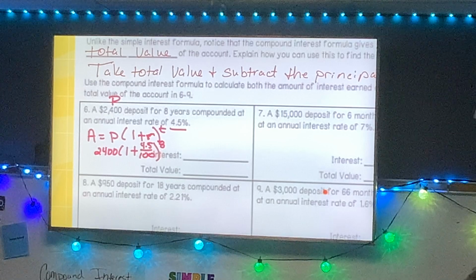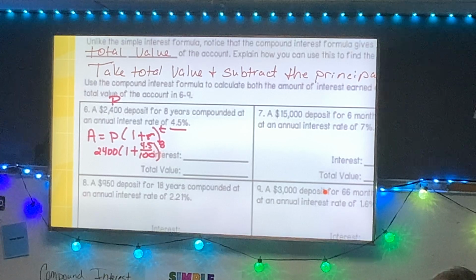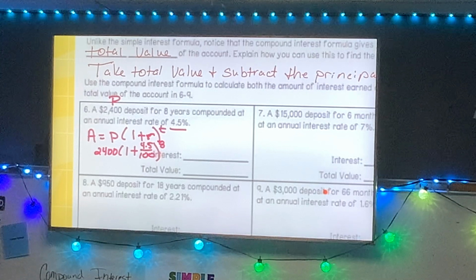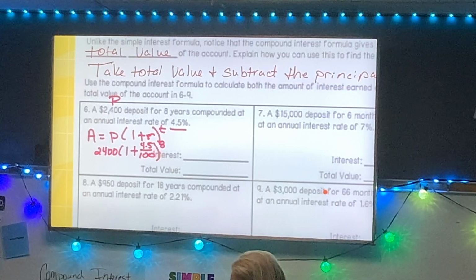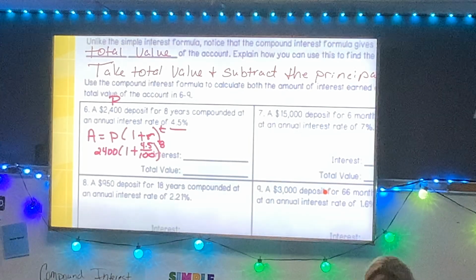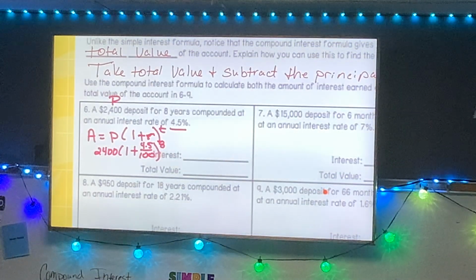Parentheses, 1 plus, your fraction is going to be alpha y equal. 4.5 over 100. To get any exponent, you're doing the caret top and then 8.